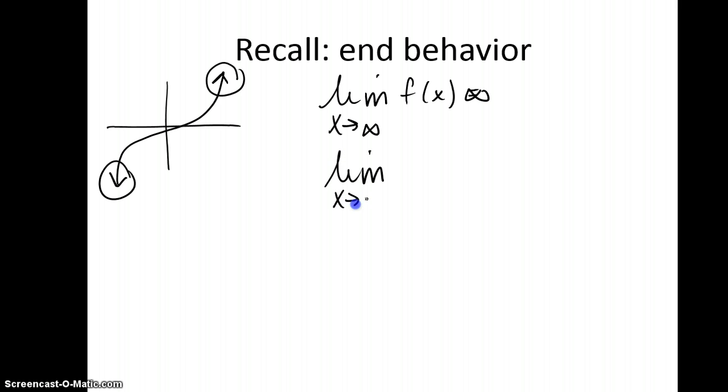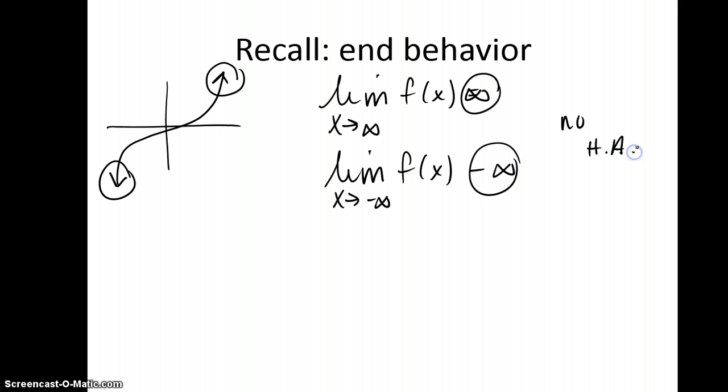End behavior is always 2 limit statements. Limit as x approaches infinity, limit as x approaches negative infinity. As x gets smaller and smaller, what are my y values doing? They're getting infinitely smaller as well. Because these limits do not exist, there's no horizontal asymptote on the graph of the function, which is apparent just from looking at this simple sketch.